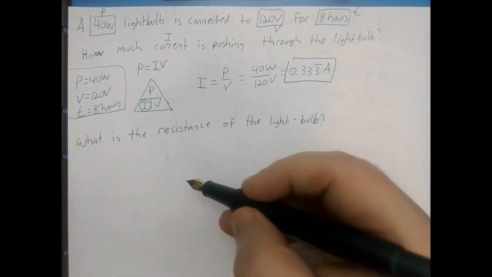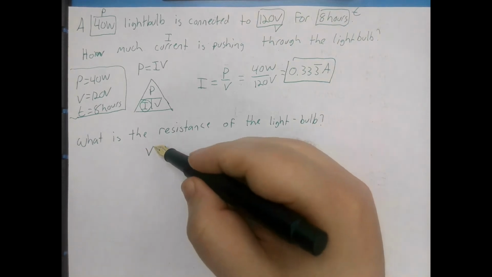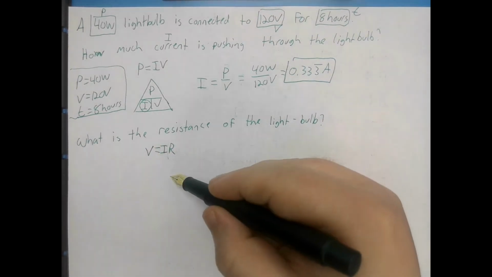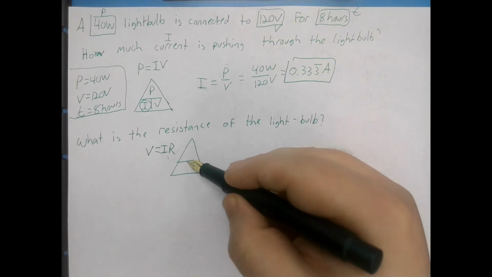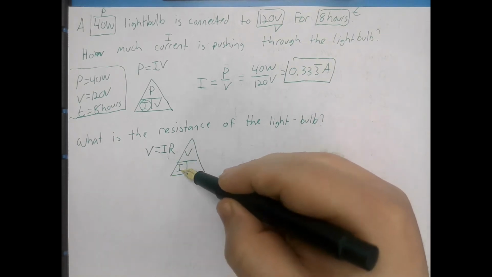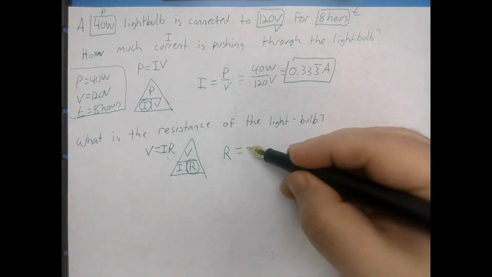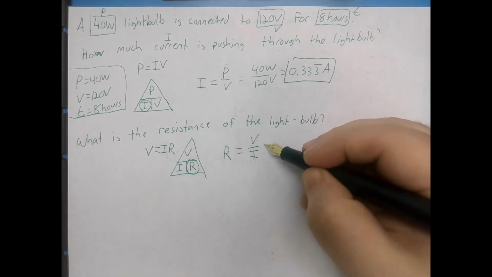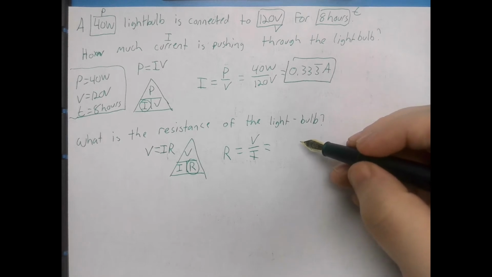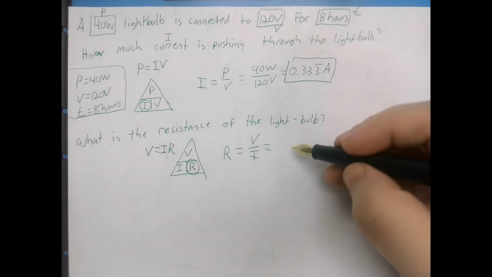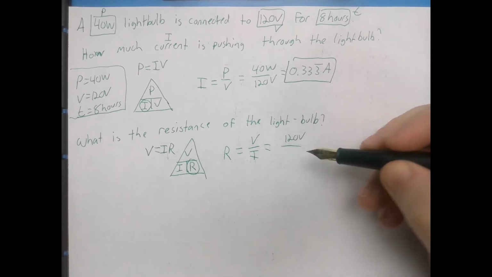Well, we have to use an equation that has R in it. So Ohm's law, we know voltage is equal to current times resistance. So resistance is equal to voltage over current. So our voltage is 120 volts.